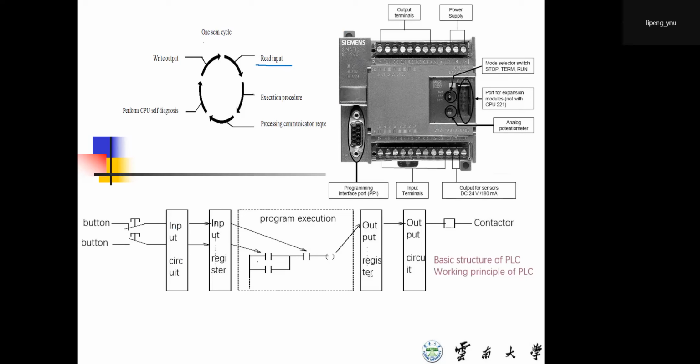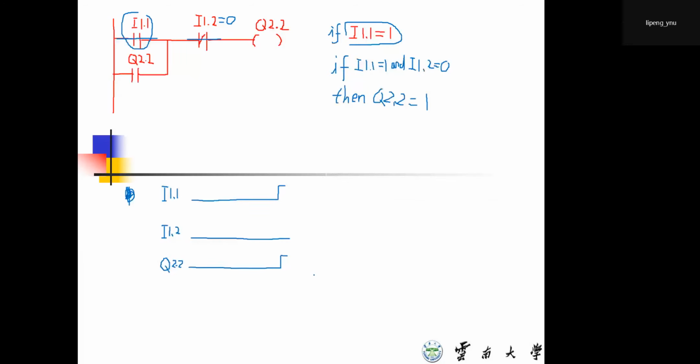And from the scanning of the program, the first step is read input, relative to I1.1. From here we can see I1.1 is 1.